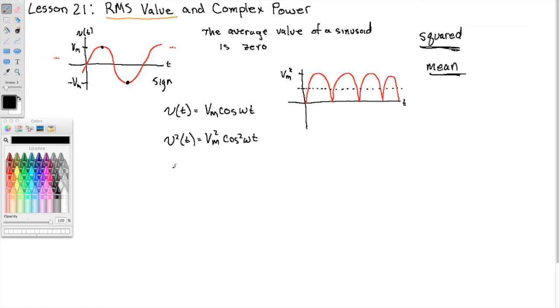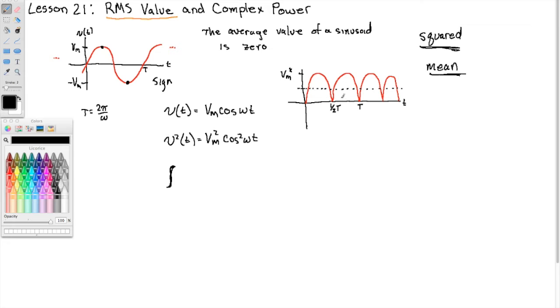So now we've got the integral of, now if this thing had a period T, right? T is 2 pi over omega. This thing has a period T, and when you square it, the negatives become positives, so this is actually 1/2 T.